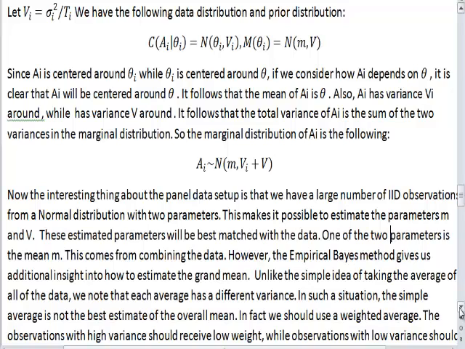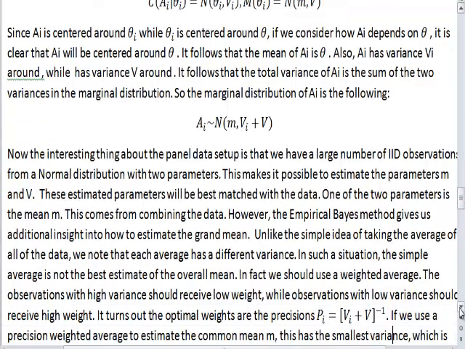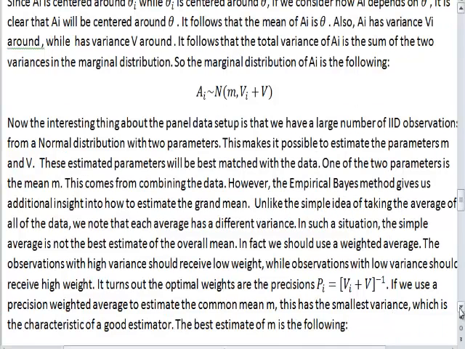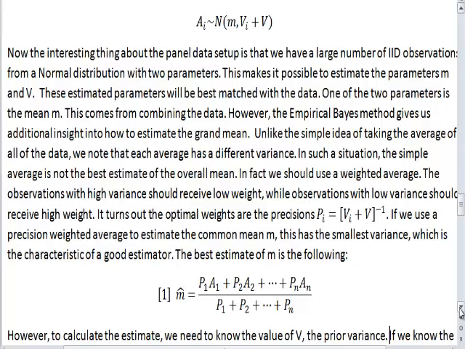Now it turns out that you can't find an estimation formula for m and v jointly, but given one of them, you can estimate the other one. And if you do an iterative process, it always converges. So let's assume for the moment that the prior variance v is known.